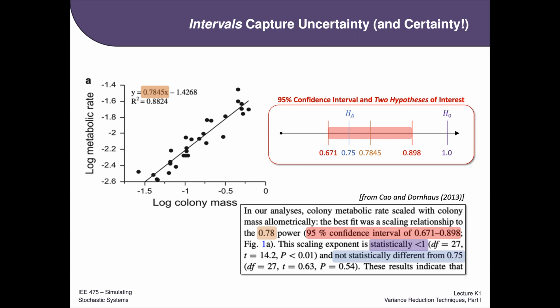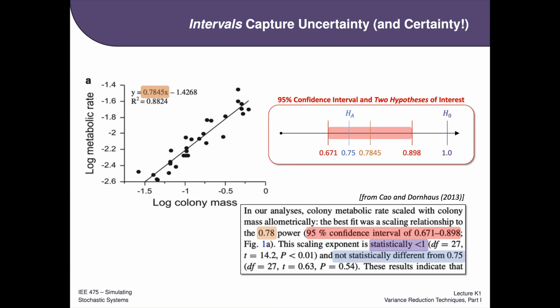That's included in the confidence interval they found from data. So these data not only let you be confident that it's not linear and it's not zero, they also give a little bit of evidence to say, by the way, that theory you have about the 3/4 scaling, yeah, that's consistent with these data.